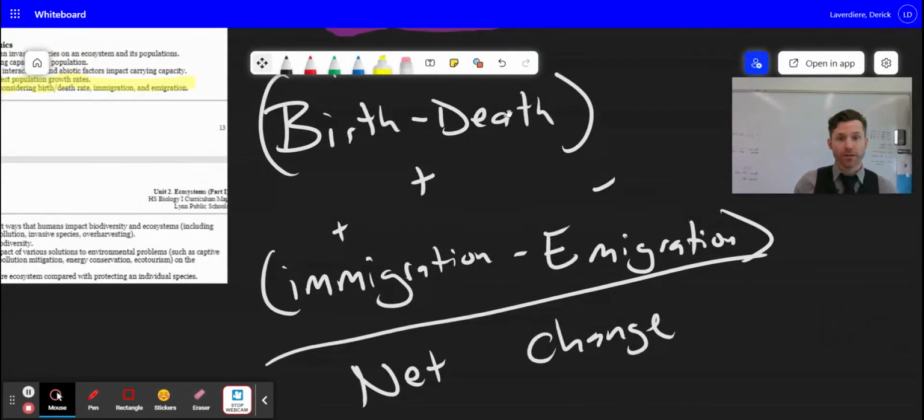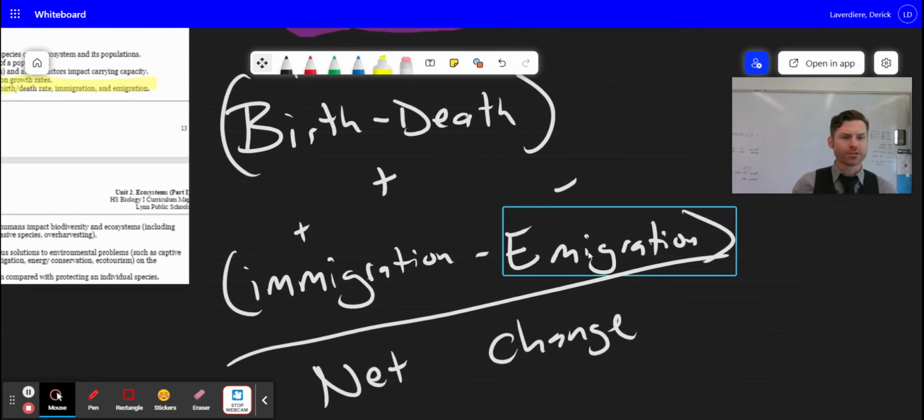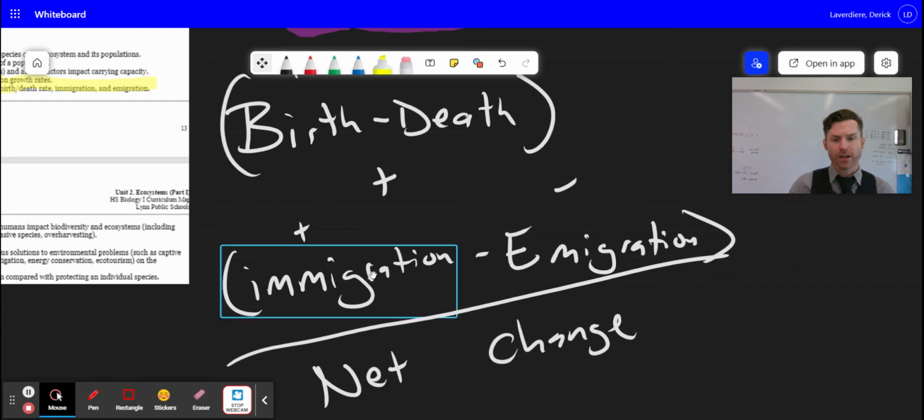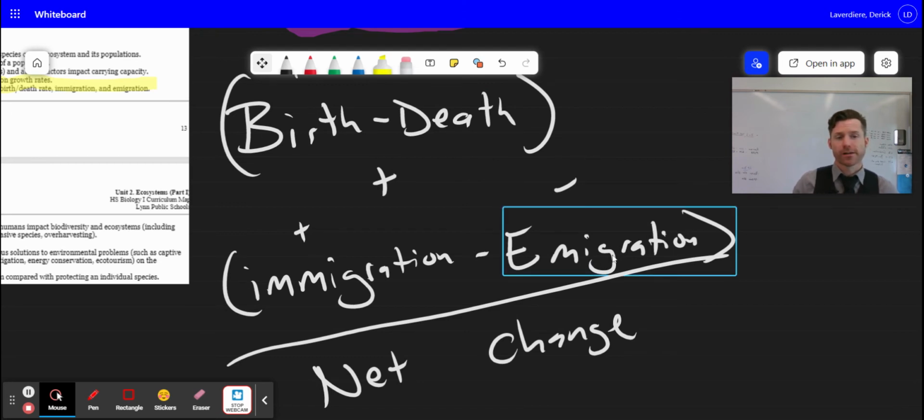And so if there's more things dying and emigrating than there are being born and immigrating, your population will go down. Right? So if I had 400,000 things leave, I had 2 things come, I had 7 things born and 2 things dead, right? My population is going to go down because I had a lot of things leave. Right? But yeah, that's how you calculate the population change. Birth minus death plus immigration minus emigration.